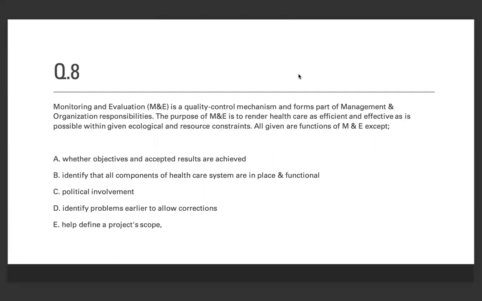All given are functions of M&E except: option A, whether objectives and expected results are achieved; option B, identify that all components of the healthcare system are in place and functional; option C, political involvement; option D, identify problems early to allocate correction; option E, help define a project scope. C is the right answer.